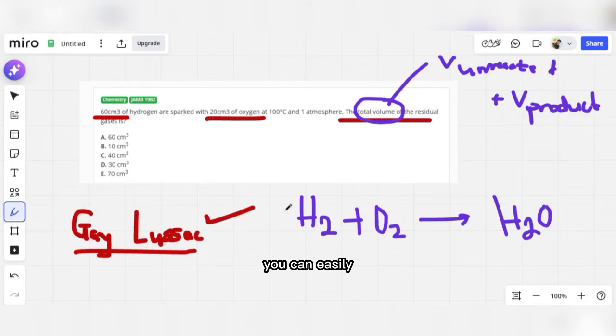So you can easily cram the equation of the reaction, knowing that it is 2H2 plus O2 to give 2H2O. So that's 2 volumes of hydrogen reacting with 1 volume of oxygen to give 2 volumes of water.